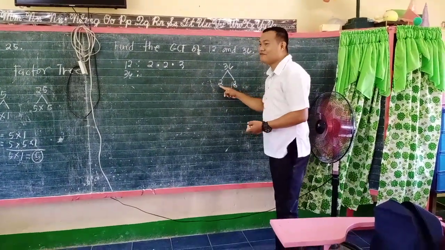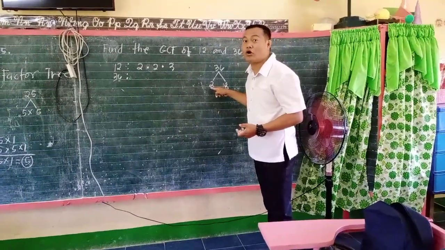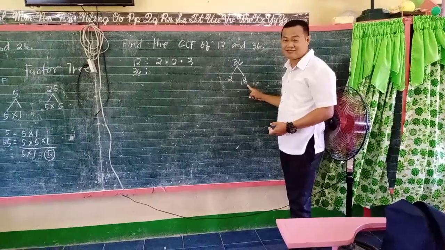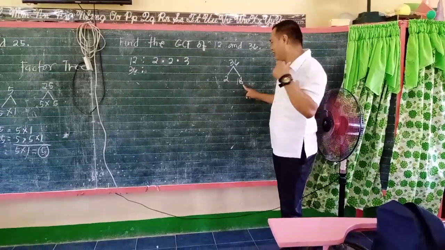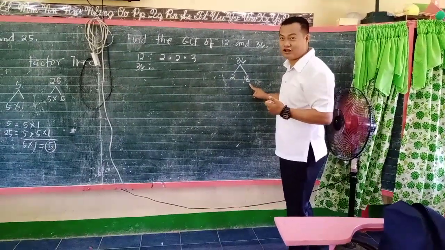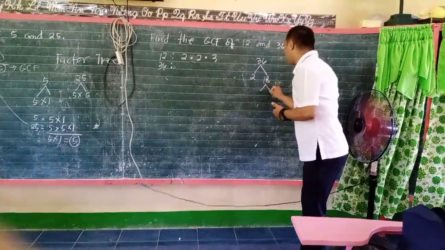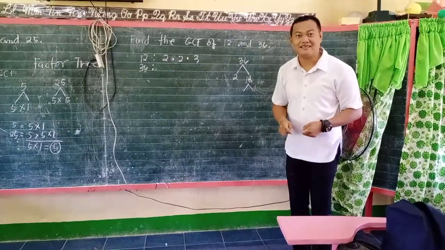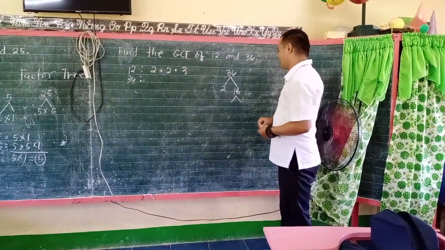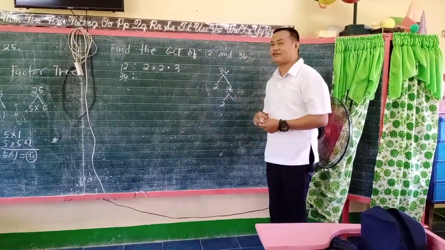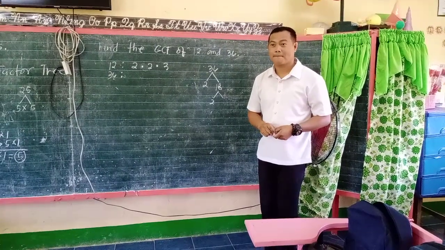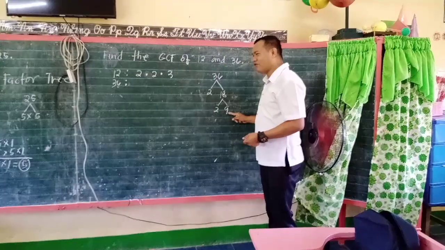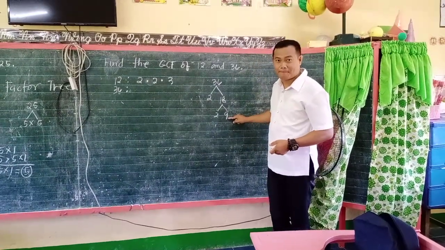Now, can you think of factors of 18? Yes, we can also divide this by 2 because 18 is divisible by 2. So, 18 divided by 2 is 9. Very good. Okay, can you think of factors of 9?